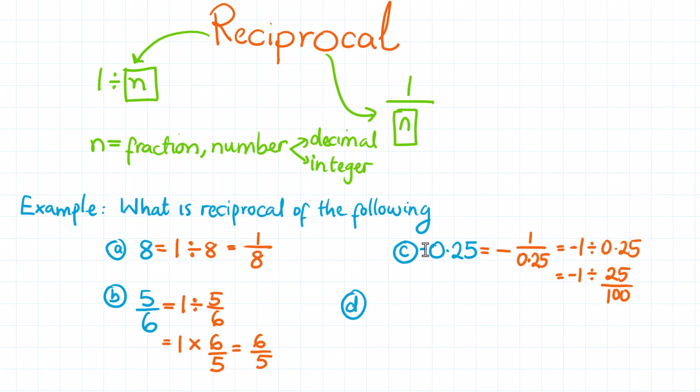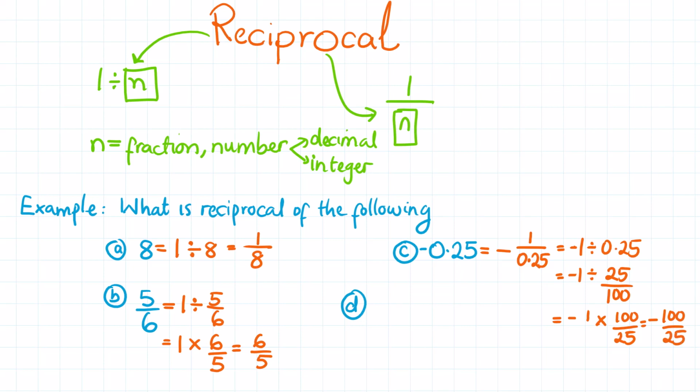By flipping the fraction 25 over 100 and changing our division to a multiplication sign, we have negative 1 times 100 over 25. And so this gives us negative 100 over 25.